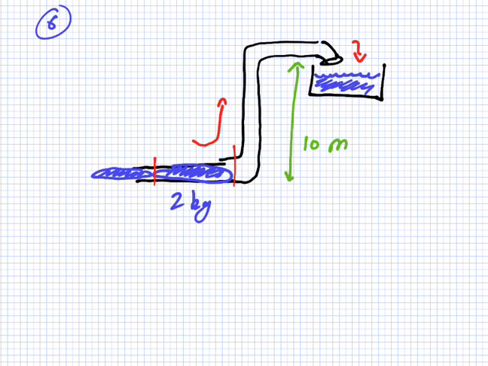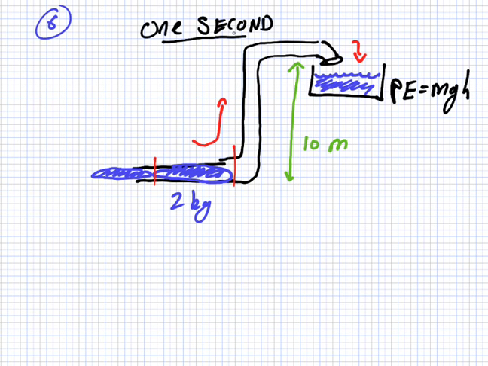So when the water is in the tank, what type of energy does it have? Only potential energy. So the potential energy is mgh. And if we're looking at it over 1 second of water, we know the m. What's the m? 2.